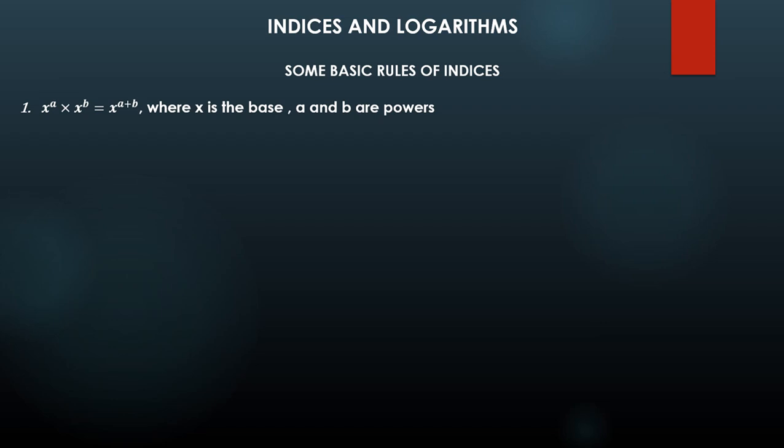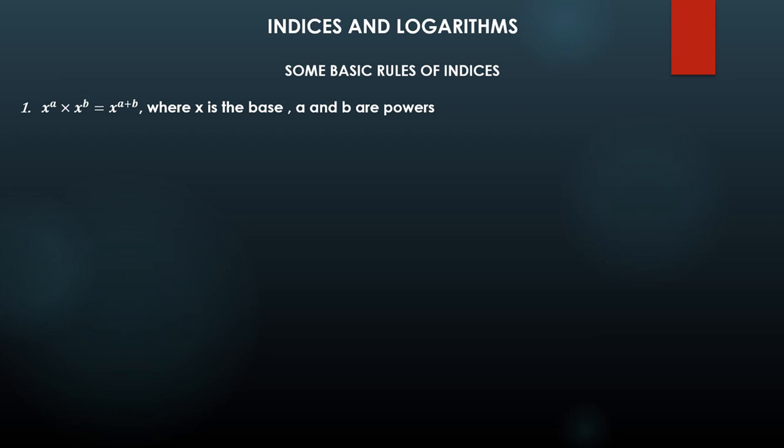This simply means that when we have a figure of a particular base multiplying another figure of the same base, we can easily add up their powers as one. Let's say we have 2 and then 2 raised by 2, as in 4, multiplying each other.